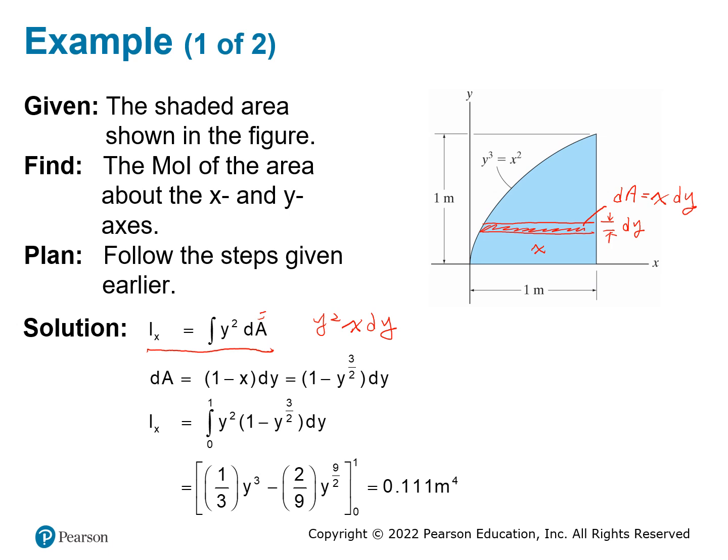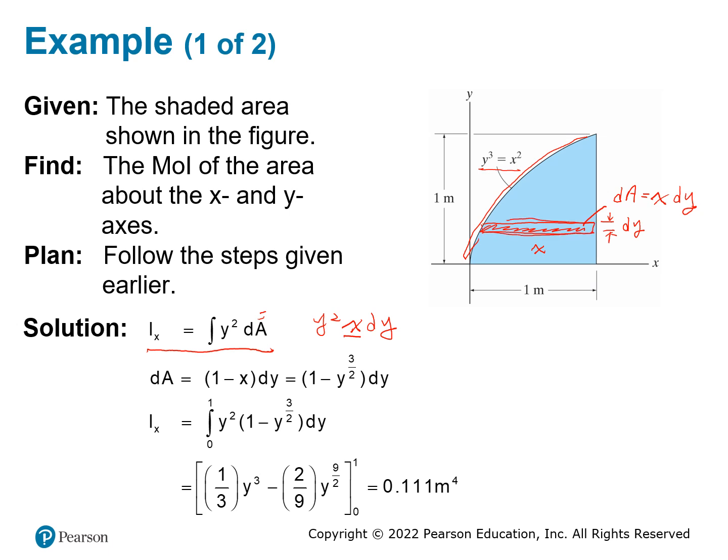Now the question is, how do we represent x in terms of y? Look at this equation right here. This is the equation of this line. That means when x is at a certain amount, the y value is such that y cubed is equal to x squared. But what is this x?